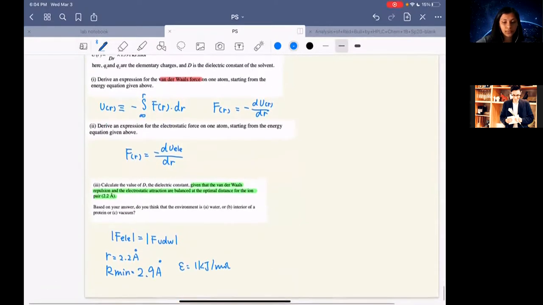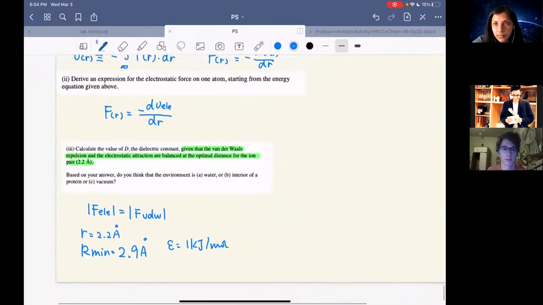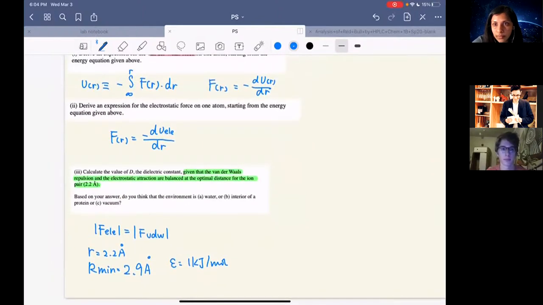Just plug all of these constants into the force equations that you get from questions 1 and 2. That will give you the dielectric constant, because it is basically the only unknown in the equation. Then you need to decide whether this is for water, the interior of a protein, or vacuum.